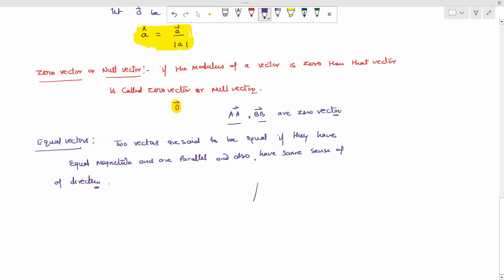So suppose we have this line, and the direction is from that side.